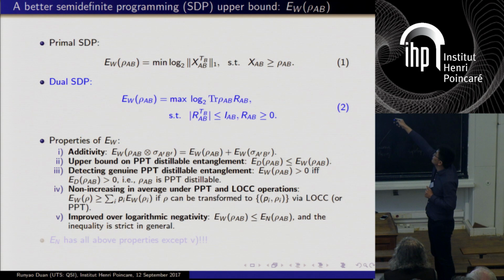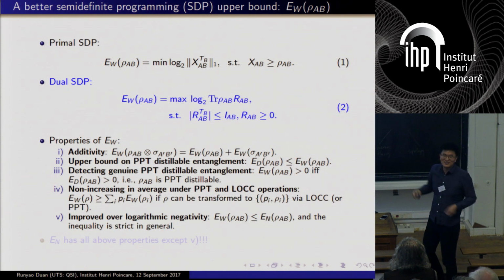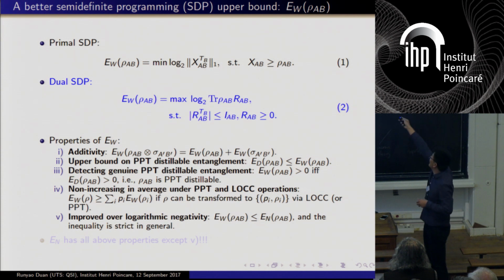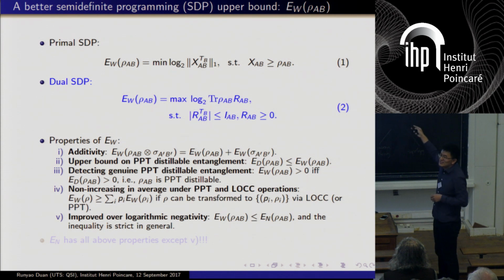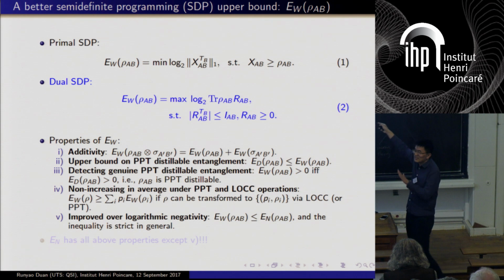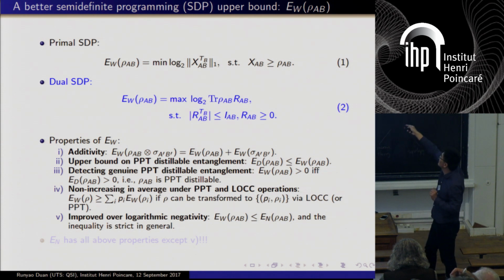But if you want to prove that this one is larger than or equal to this one, then we use this dual SDP. And then they are equal, because you can't have both hold simultaneously. Okay, so that's the idea. And if we want to prove this ED is less than or equal to EW, then we have to use this dual SDP. I just ignore the details because that's not difficult.